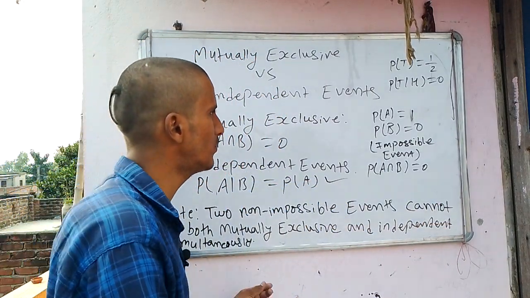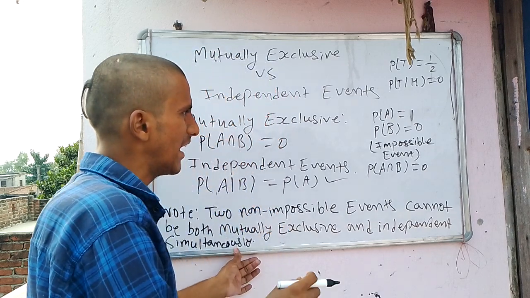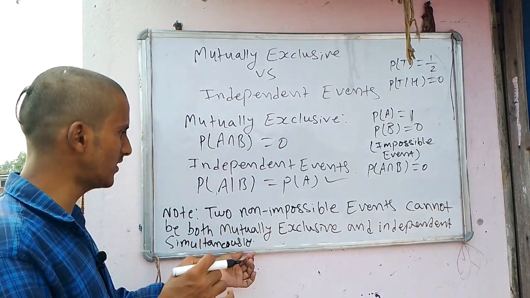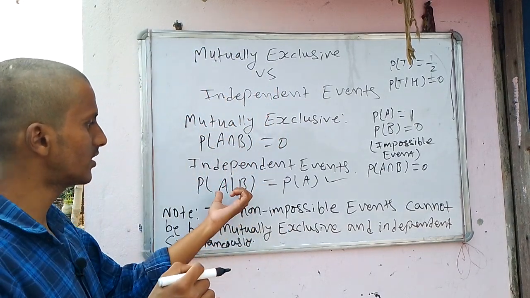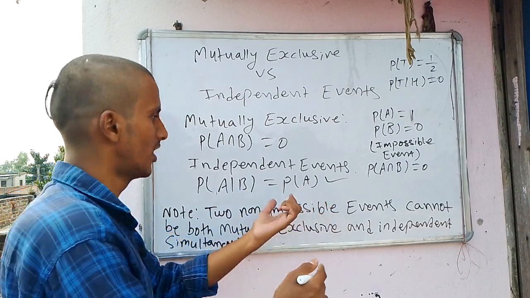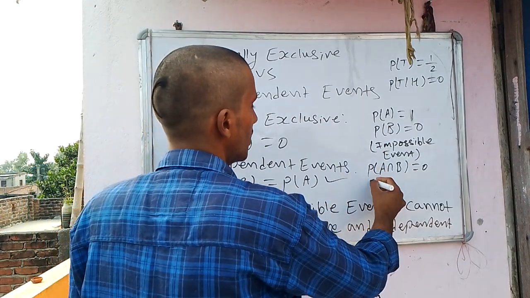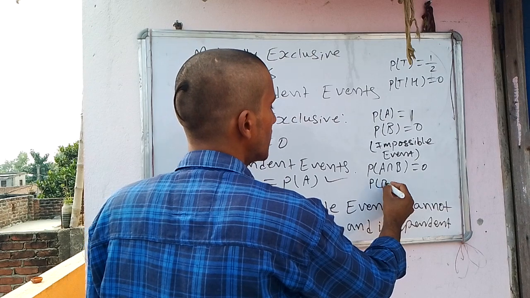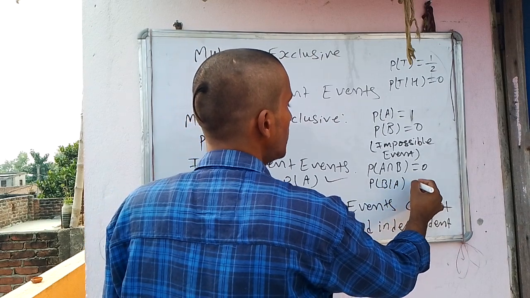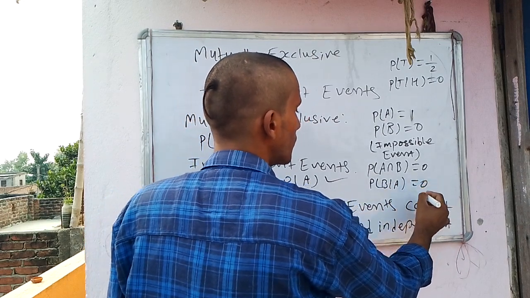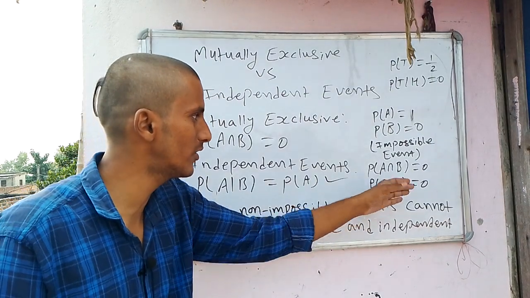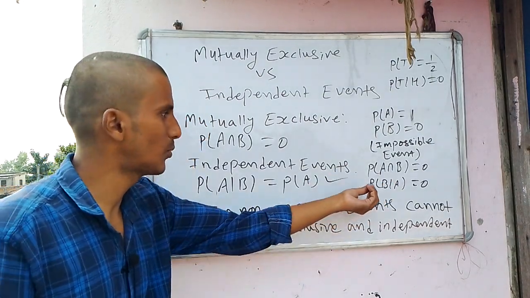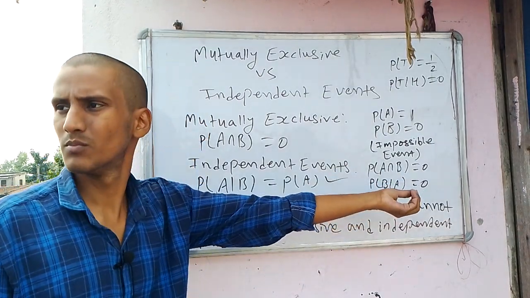And they will be independent, in which case the probability of B given A should be the same as the probability of B. Here the probability of B given A is going to be 0. It means the probability of B occurring given A occurs is always going to be 0 because B cannot occur.